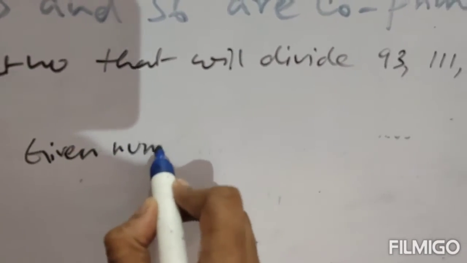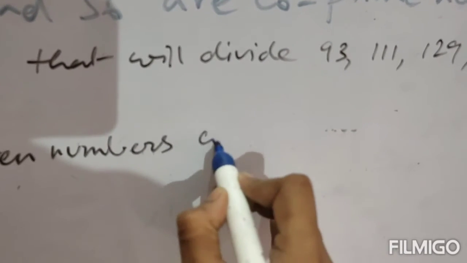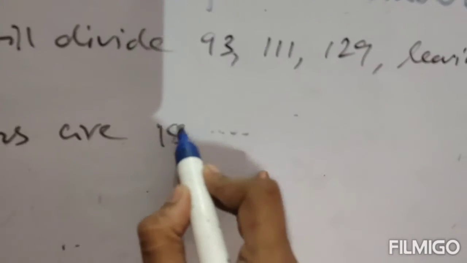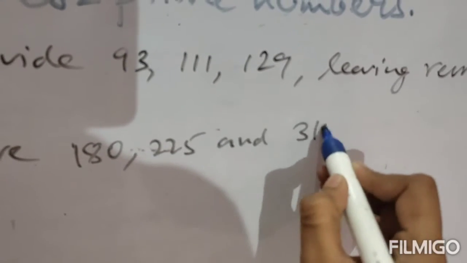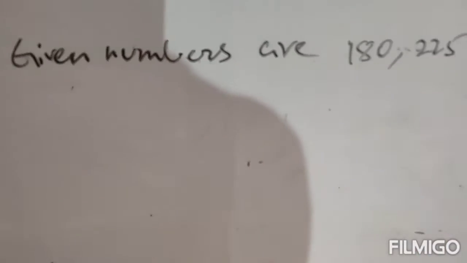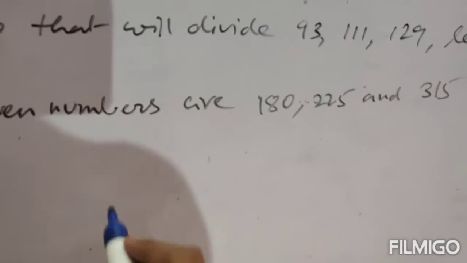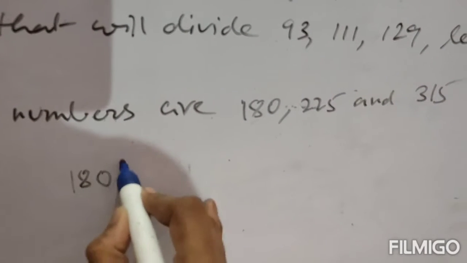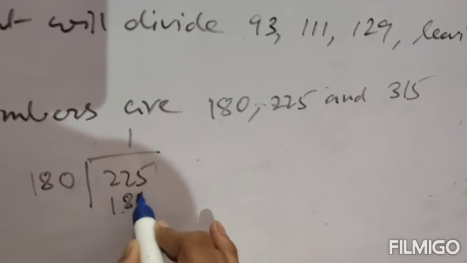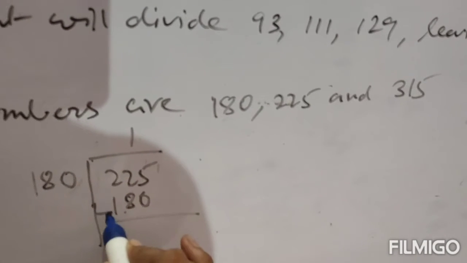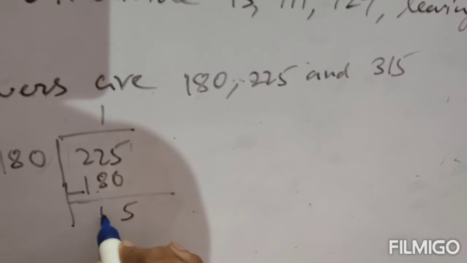given numbers are 180, 225 and 315. So let's do it by division method. We choose 180 and 225. 180 ones are 180. Subtract these two numbers.